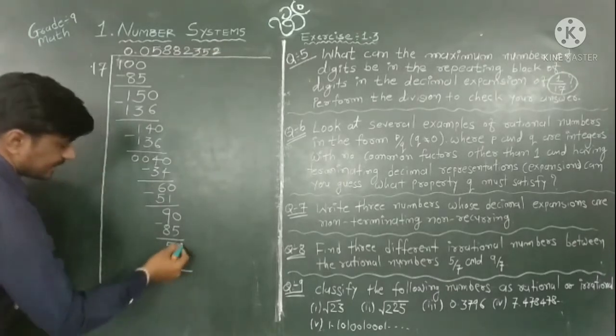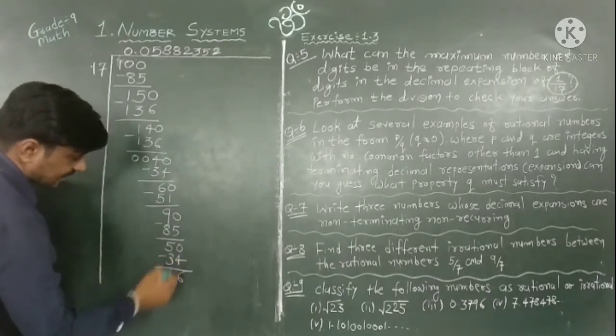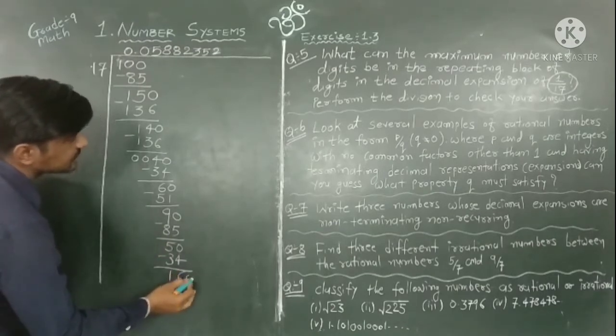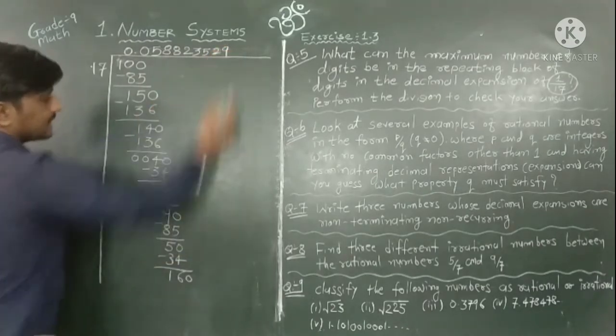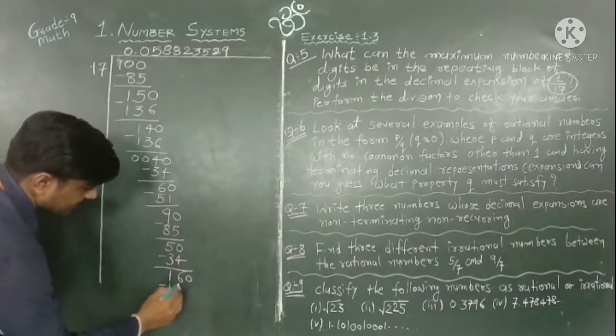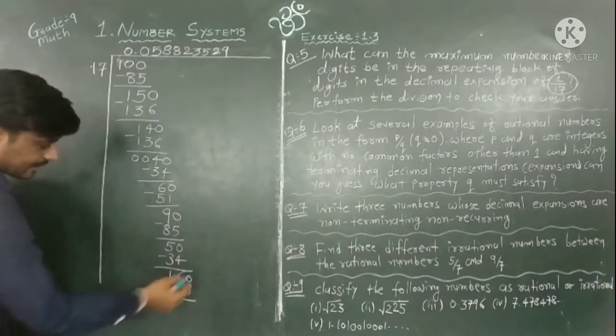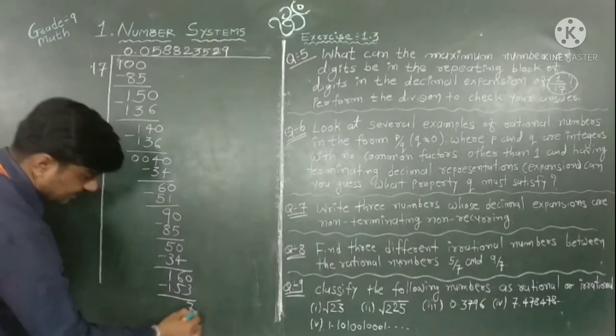What is remaining? 10 minus 4, that means 6. So add 0. So 17 9s are 153. What is the remainder? 10 minus 3, that means 7.